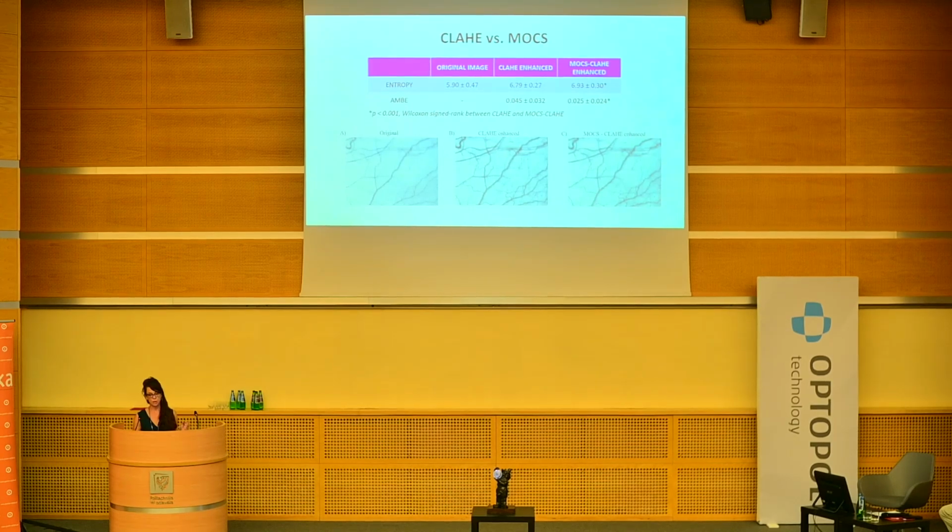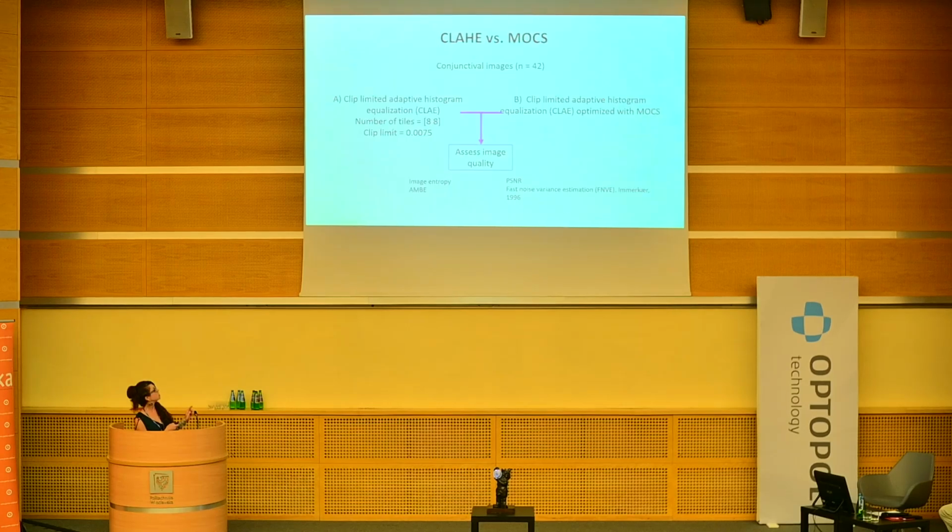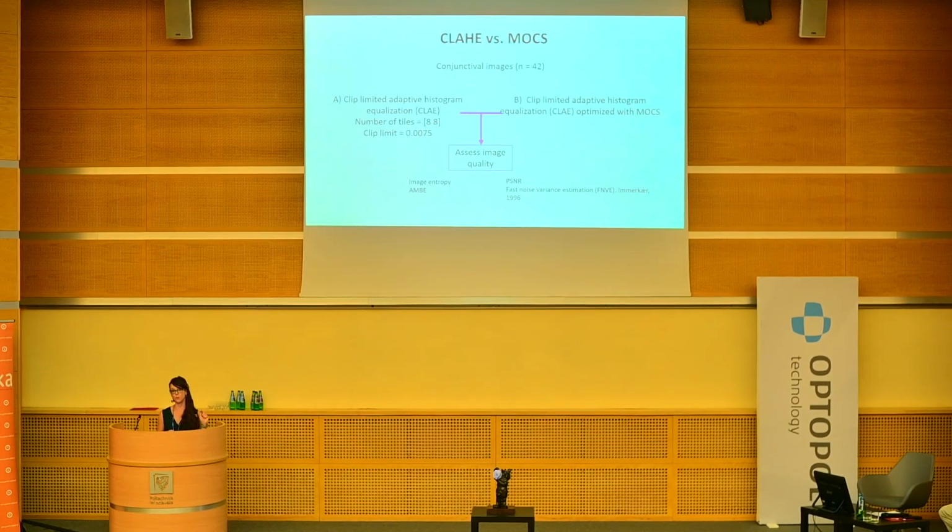It also keeps more brightness from the original image. And you might say that the entropy difference is not a great thing, even though it's significant. This is also because when we set these parameters, the 8x8 and 0.005, they were already optimized to enhance the entropy of the image.